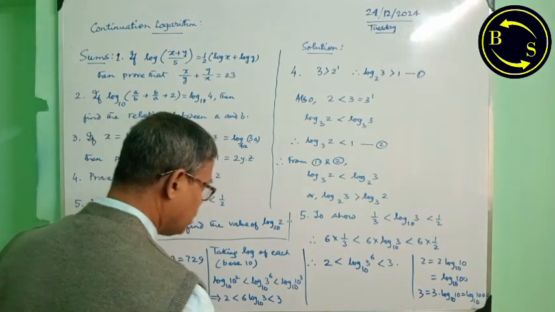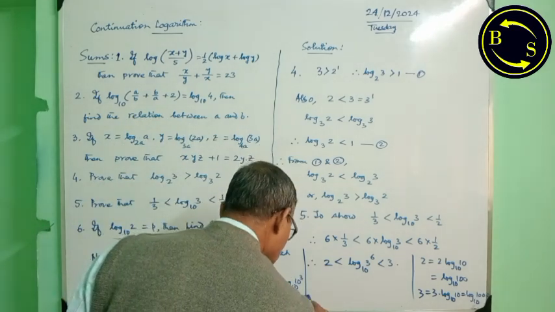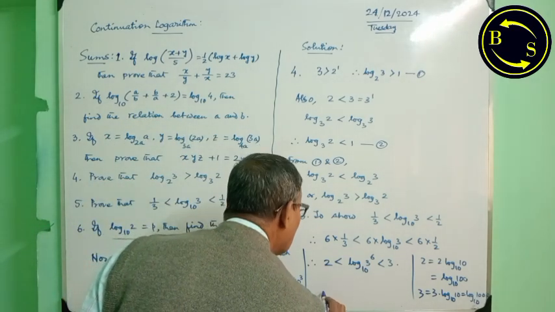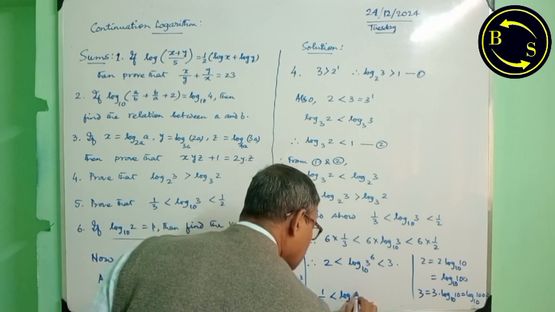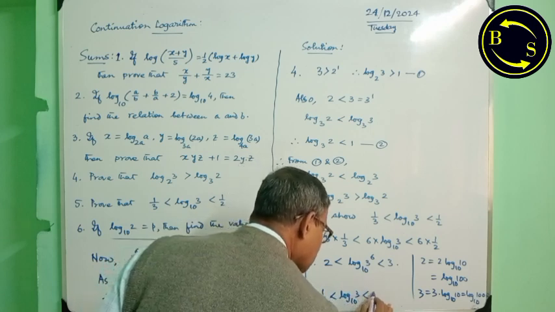Therefore, 1 by 3 less than log of 3 to the base 10 less than half.